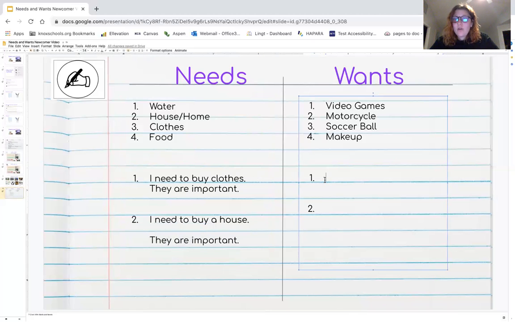Okay, now we're going to write 2 sentences about wants. So, I want or need. Well, we're under the wants category. So, I want to buy what? What do we want to buy? I want to buy makeup.